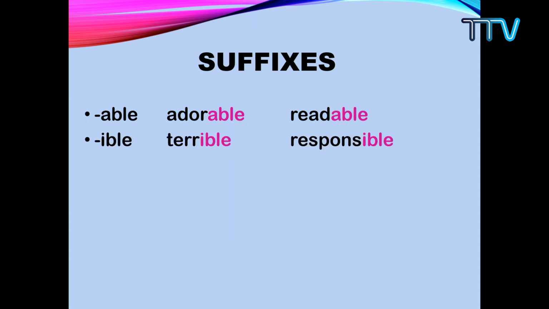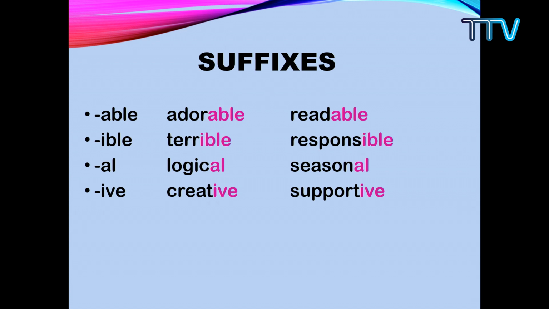Also I-B-L-E, able, terrible, responsible. Can you think of other words? Then logical, seasonal, magical. Magic, and A-L, magical; logic, logical. See, the word form changes from logic to logical, season to seasonal.